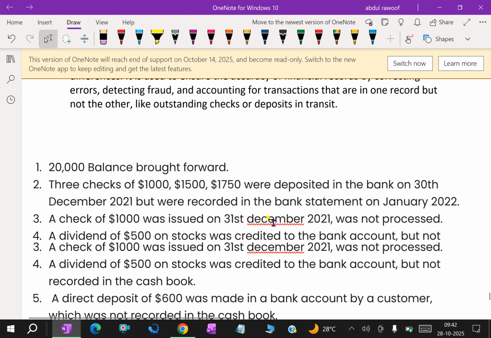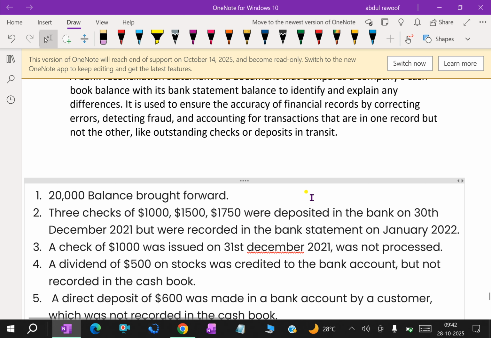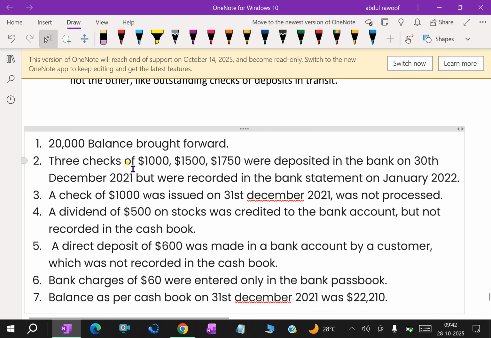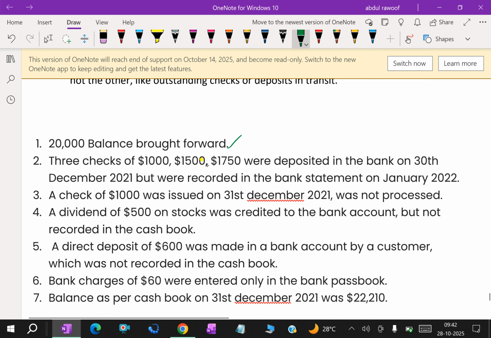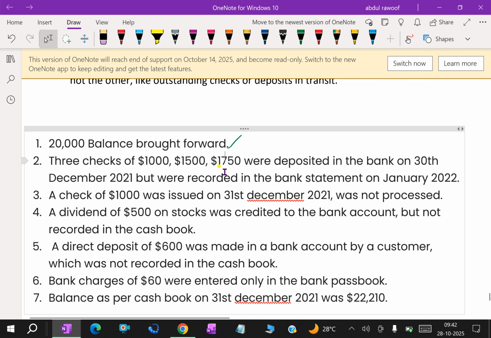Look at this one example. Look at these transactions now. 20,000 balance brought forward. Three checks of $1,000, $1,500, $1,750 were deposited in the bank on 30th December 2021, but were recorded in the bank statement in January 2022.